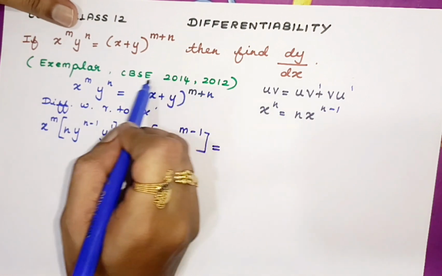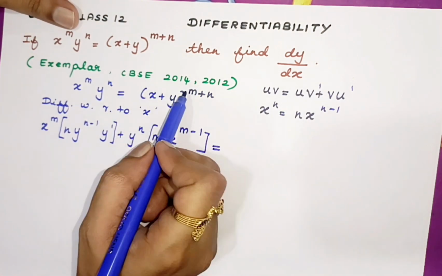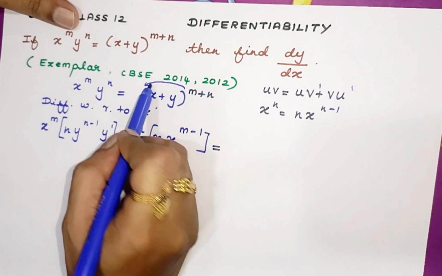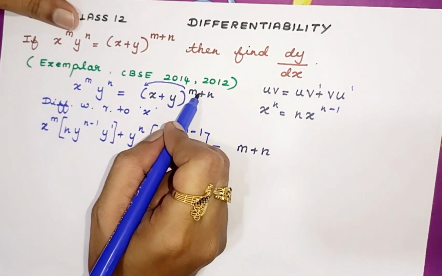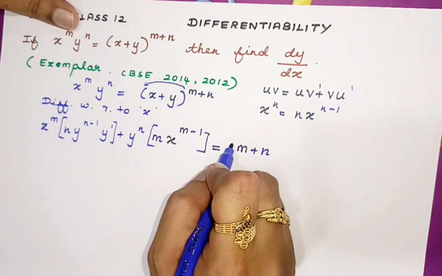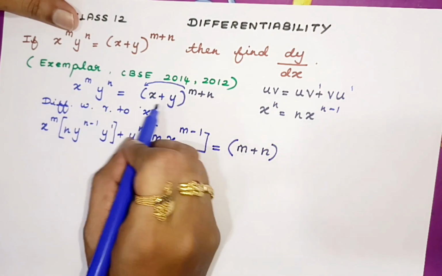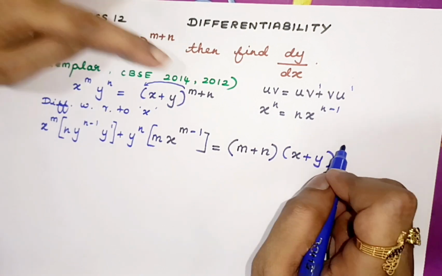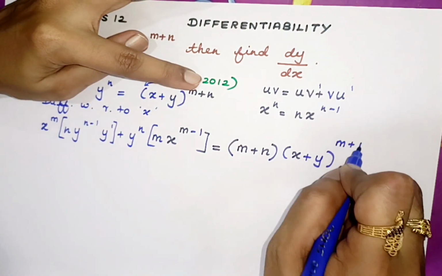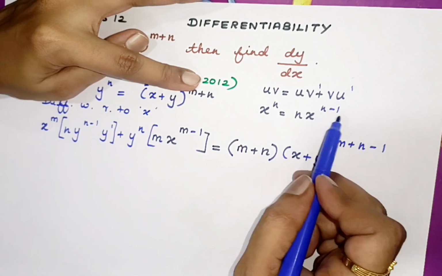Now we are going to differentiate this complete term on the right. We take the power in front of the term. So m + n into (x + y)^(m+n-1) according to the formula.